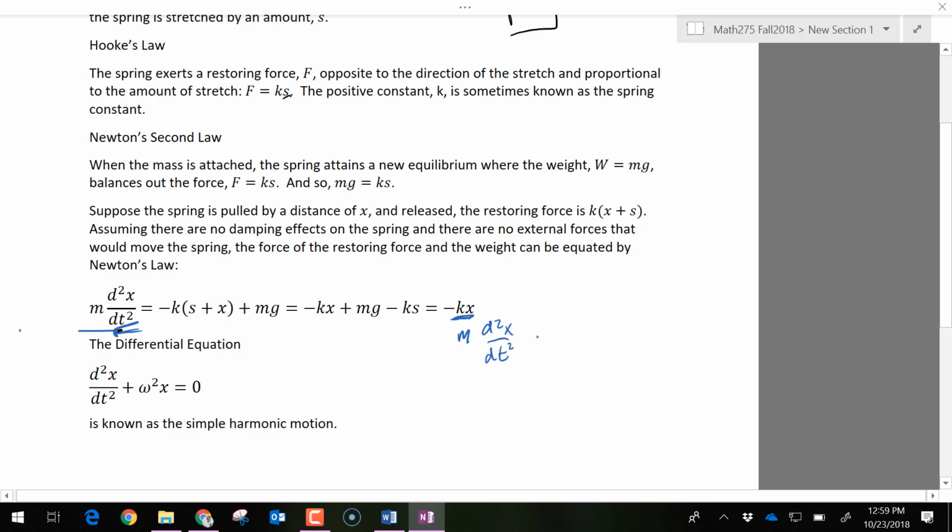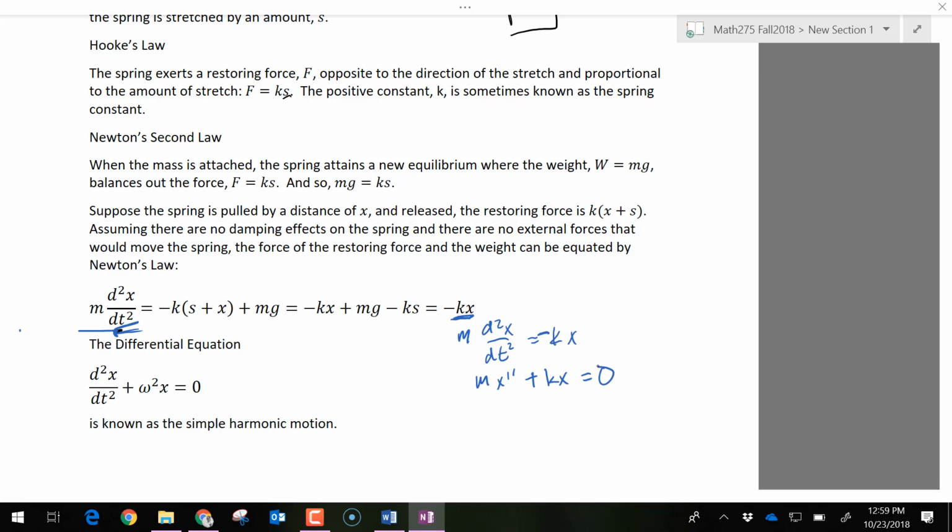I guess we could just call that x double prime is equal to negative k times x. This is m x double prime plus kx equals 0. Try to figure out what omega squared is.